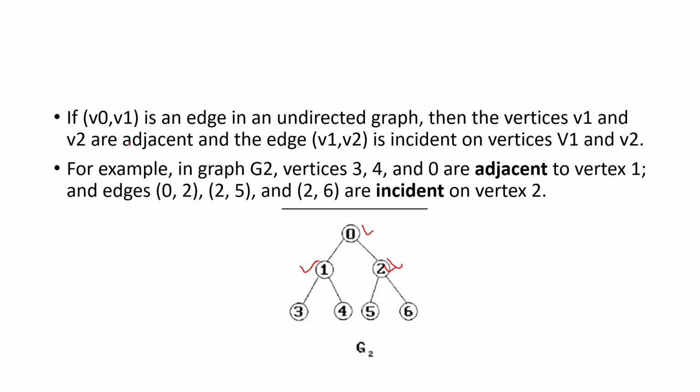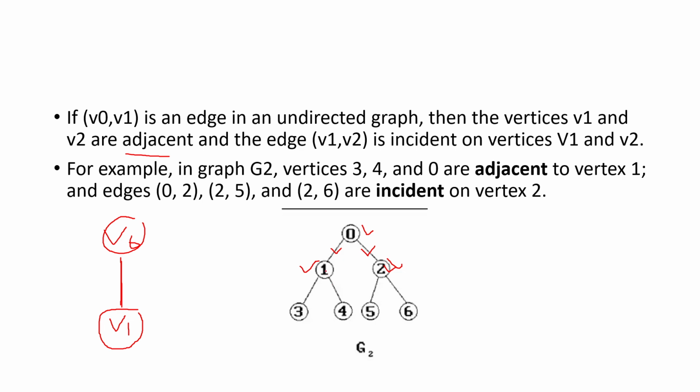If V0 and V1 are two vertices and there is an edge connecting V0 and V1, then V0 and V1 are adjacent. This edge is called incident. You can say this is incident, this is incident, this is incident.